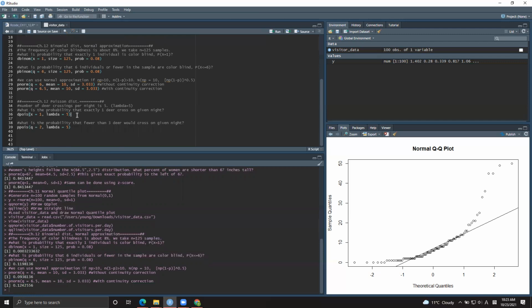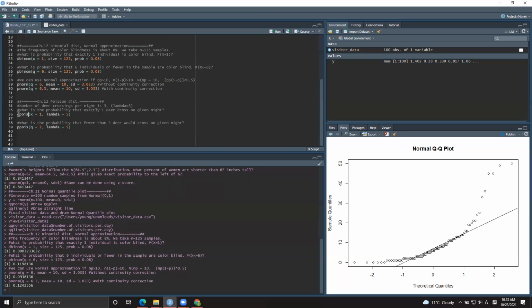Right, we also learned another distribution, the Poisson distribution, in chapter 12. There we looked at the number of deer crossings per night being about 5, so lambda equals 5. What is the probability that exactly one deer crosses on a given night?